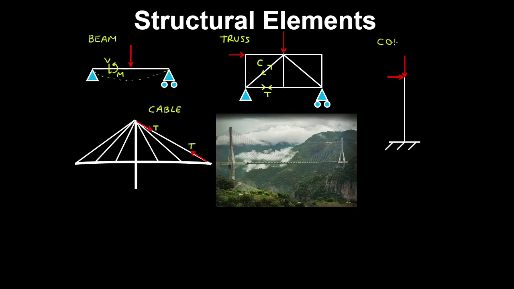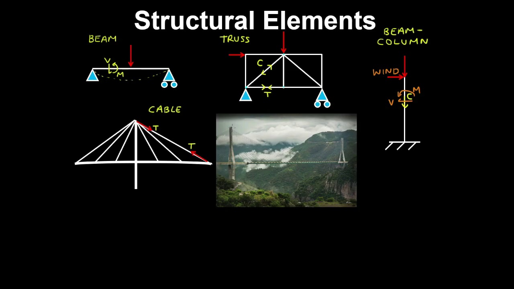And columns typically resist compression loads, and they can also resist lateral loads, such as wind loads, via bending. So they can also develop internal shear forces and bending moments. So in this case, where they resist bending and compression at the same time, they're called beam columns.